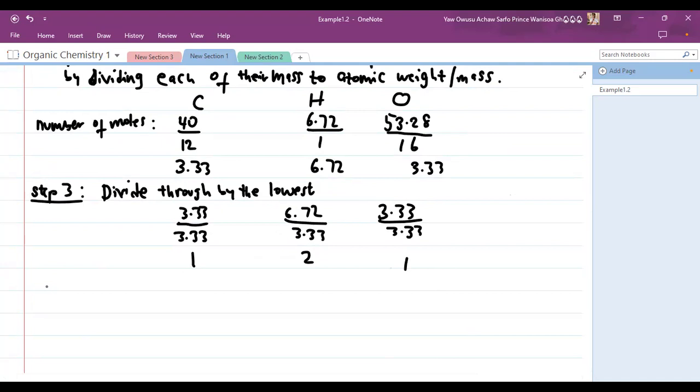This implies that our empirical formula has C as 1, hydrogen as 2, and oxygen as 1. Therefore, it can be written as CH2O. So this is our empirical formula.